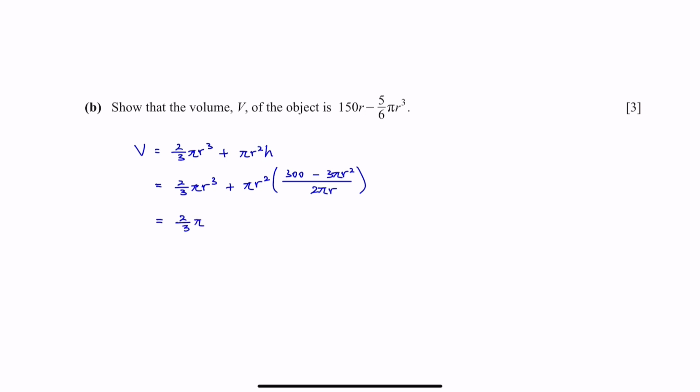We would get 2 over 3 pi r cubed plus 150r minus 3 over 2 pi r cubed. So all this adds up to 150r minus 5 over 6 pi r cubed, which is exactly what the question wants.